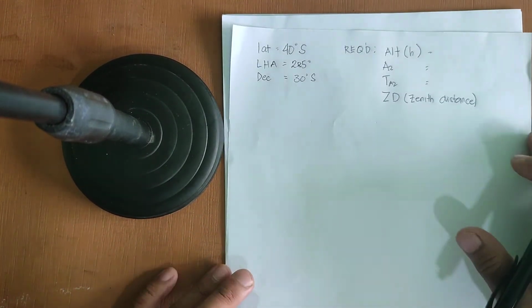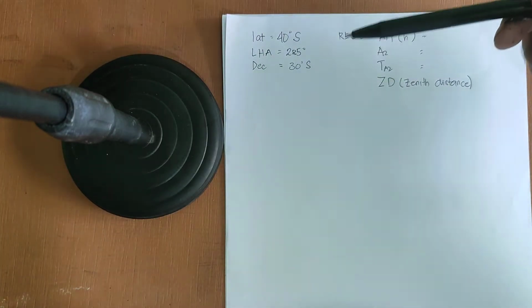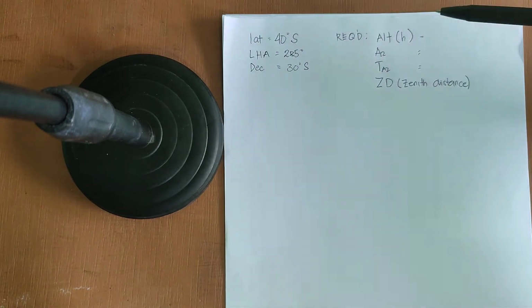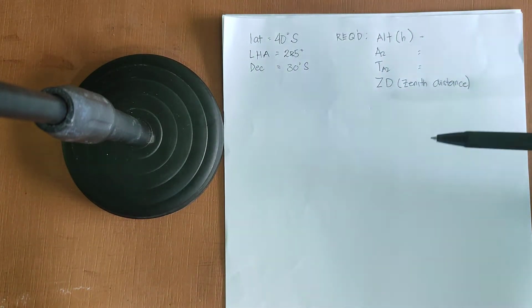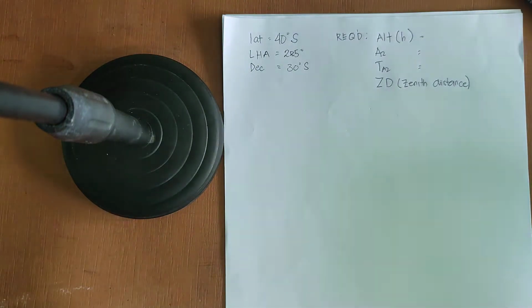So these are the given values. Latitude 40 degrees south, LHA 285 degrees, declination 30 degrees south. You are required to find altitude, azimuth, true azimuth, and zenith distance.